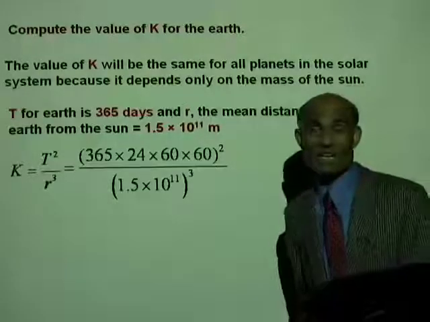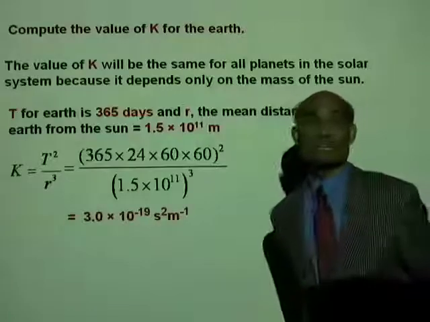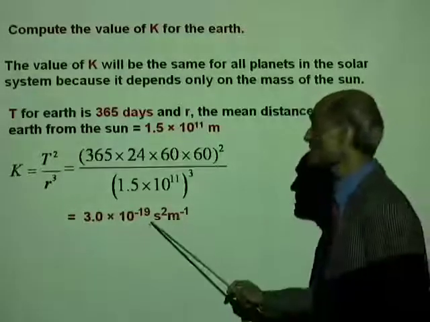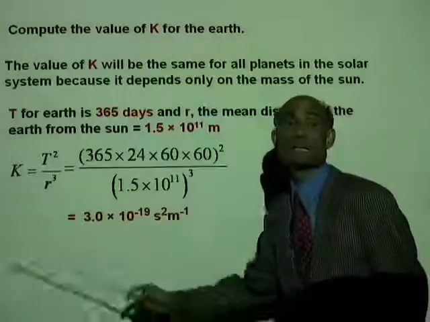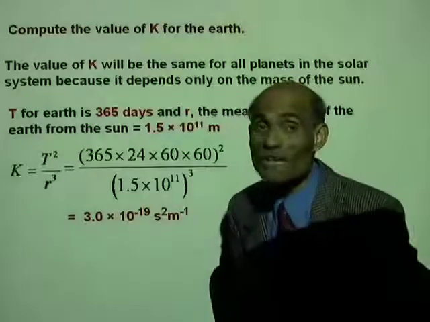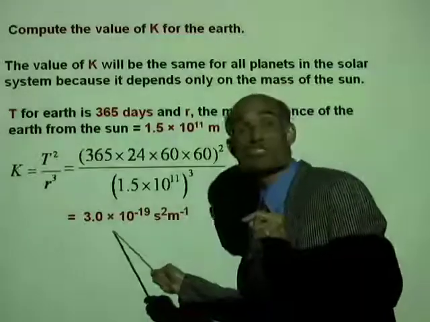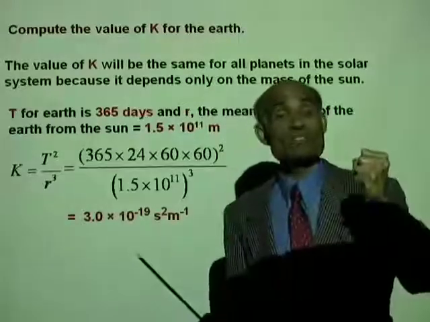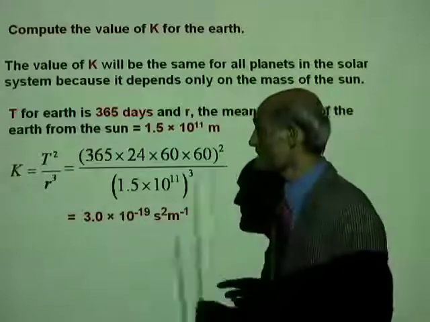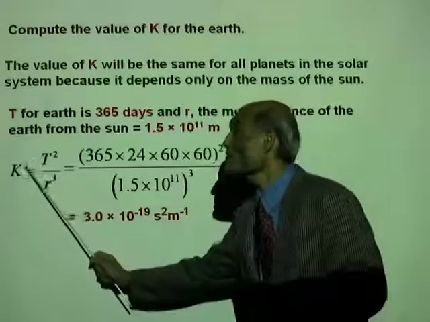Alright, calculate that on your calculator and see whether you get this: 3 times 10 to the negative 19 seconds squared per meter, and that is the value of K for the Earth. Once you calculate the value of K for the Earth, you know that this is the same value for Mars and so on.